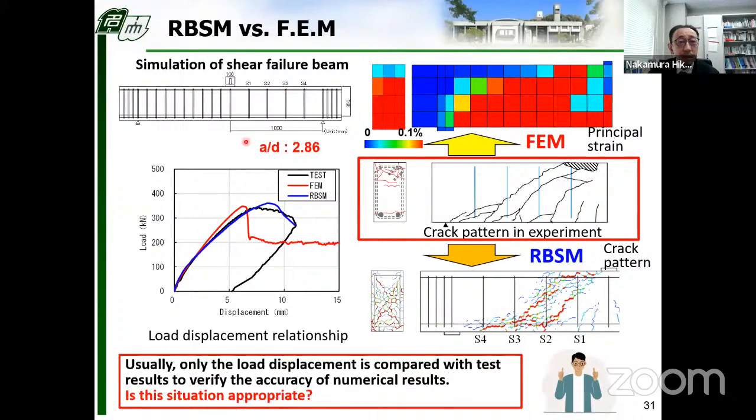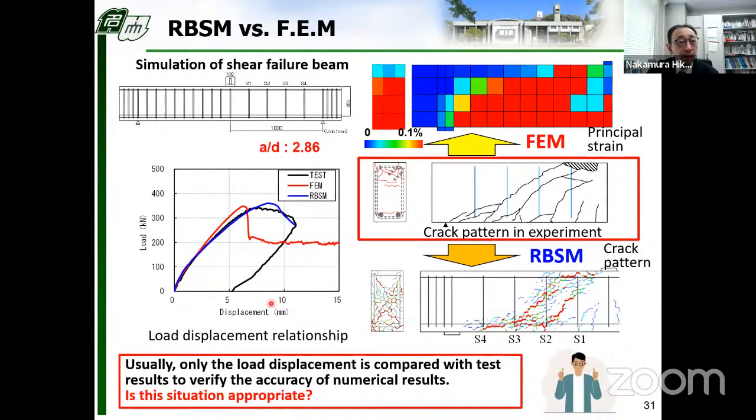This shows the simulation result of a test shear failure beam by RBSM and FEM. The load displacement relationship before shear capacity is similar to the test result, for both RBSM and FEM. But the crack or strain distribution at the side surface or in the cross-section is quite different.